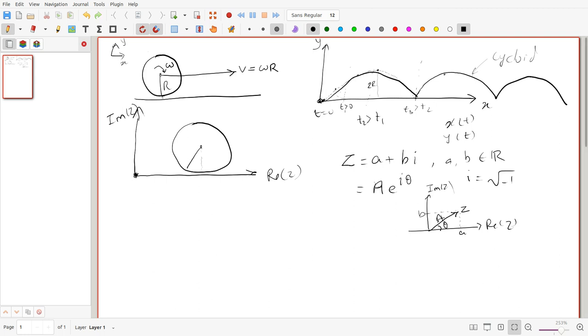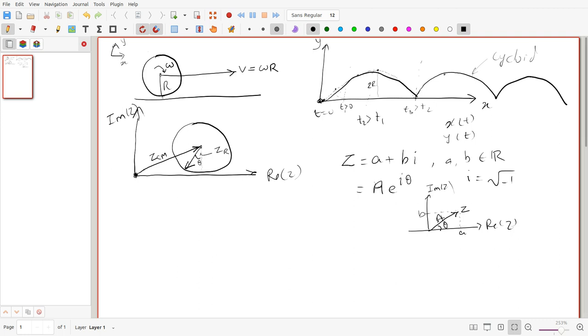So, the approach that we're going to follow is the following. I will first locate the center of mass, and that will be given by the complex number z center of mass. And then, with respect to the center of mass, I will locate the point which has traveled an angular distance theta. This point, with respect to the center, is the complex number z sub r, denoting the radial direction.